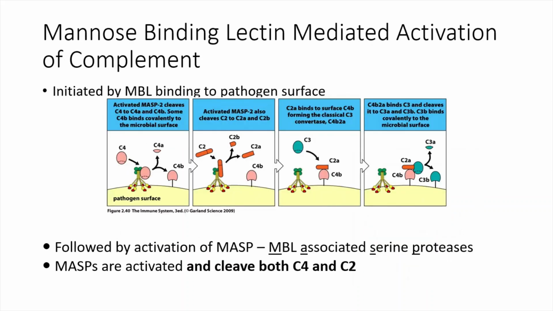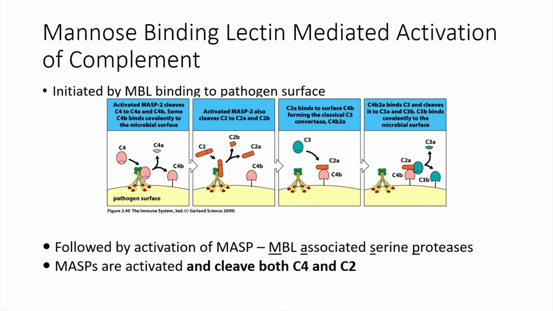Let's talk about the mannose binding lectin here. Remember that it is the second pathway leading to activation of the complement system. In a very similar way you can understand it. It is first formed by this lectin binding to mannose on the pathogen surface, and that leads to activation of this MBL associated serine protease.